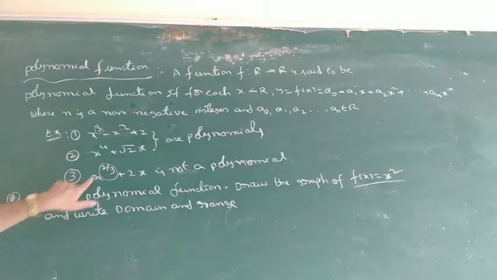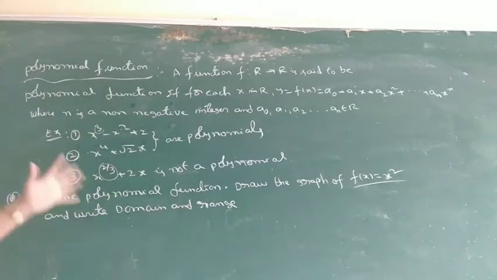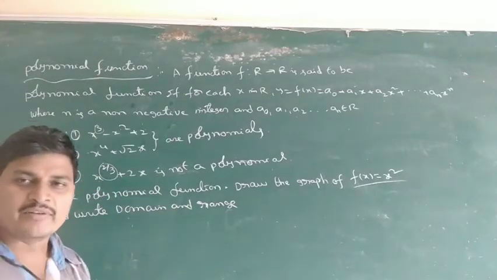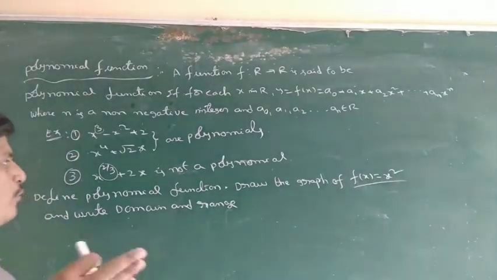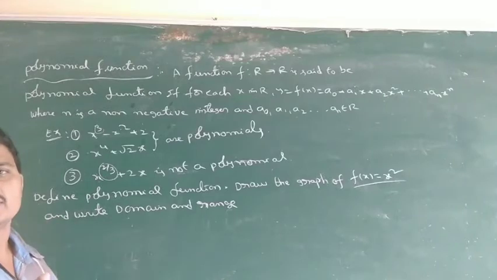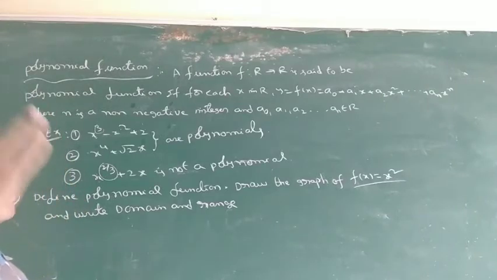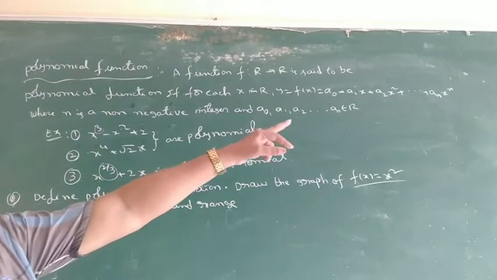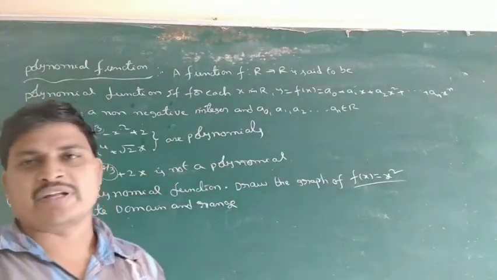This expression is not a polynomial, which means it has no degree. Only a polynomial function has a degree, any degree, 100, 1000 or any, and so on up to an into x power n.